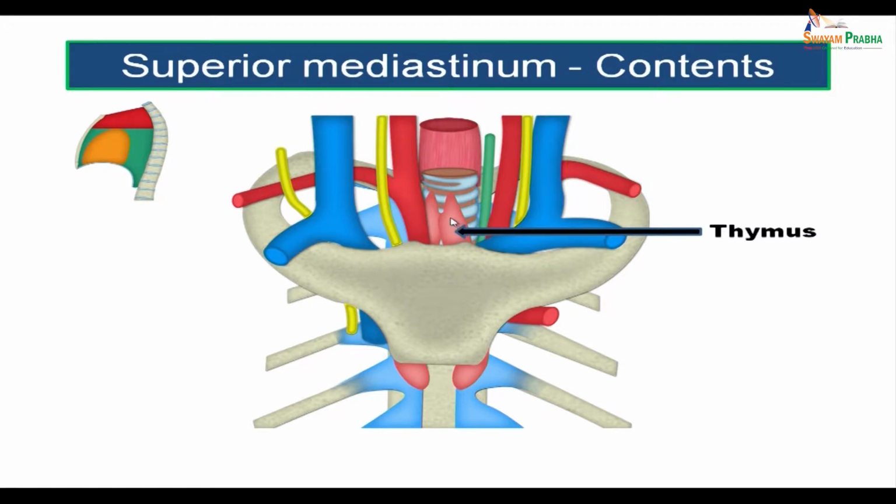Thymus is present in the neck and also in the superior mediastinum behind the sternum. It is an organ which is present in children, keeps increasing in size up to puberty, and thereafter it decreases in size, undergoing atrophy. So the maximum size is found in pubertal children. This releases a hormone called thymosin, and this helps in bringing about immunity. So this is the thymus.